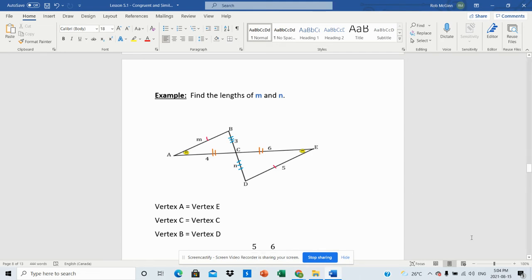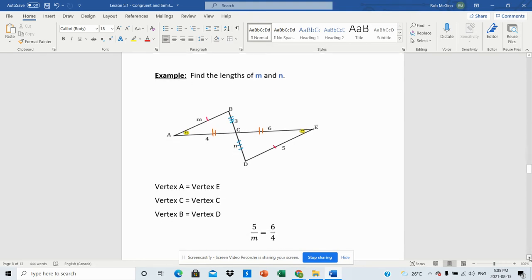What we're going to do is set up our ratios for our sides. I want to set up one of my ratios where I know the lengths of both of my sides, and here that would be line AC matching to line CE. I know the lengths of both of those. The length of my larger triangle is 6, my smaller is 4. Then I can use one of my other matching sides.